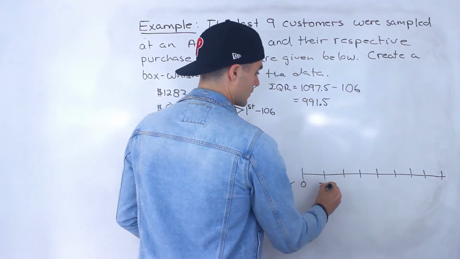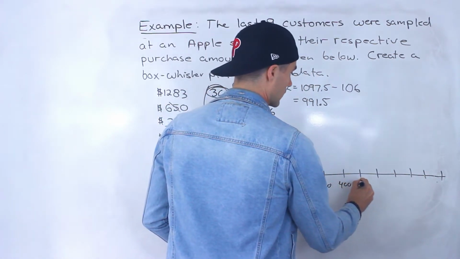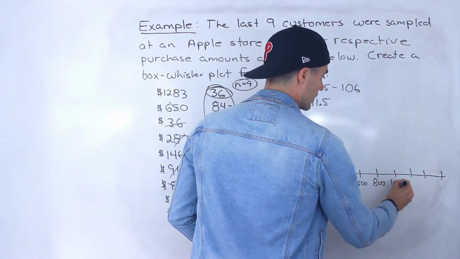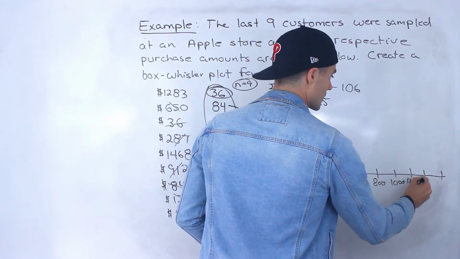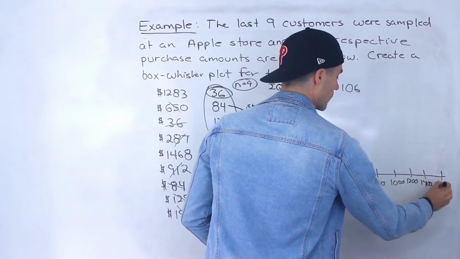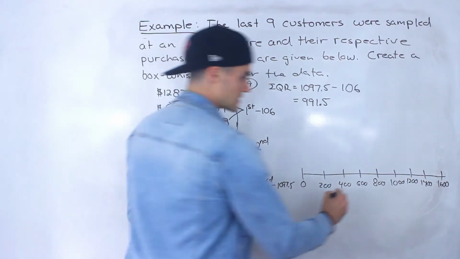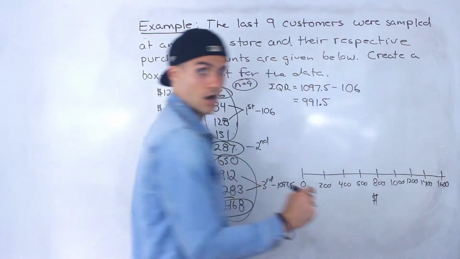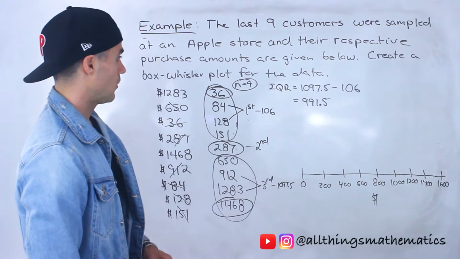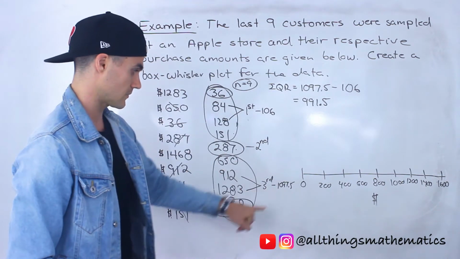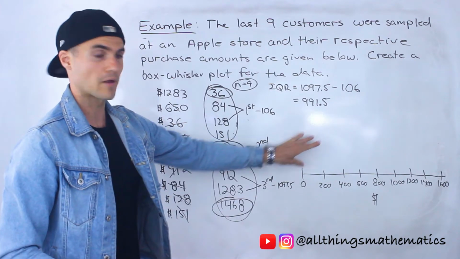So we'll have 200, 400, 600, 800, 1,000, 1,200, 1,400, and then 1,600. Right? So this is the dollar amount of the purchases. And now all we have to do is take these 5 figures and plot them on the scale.